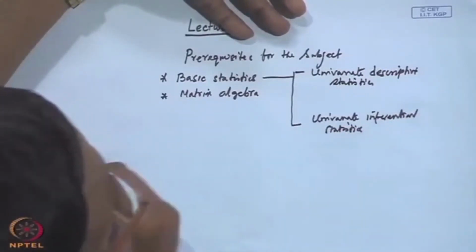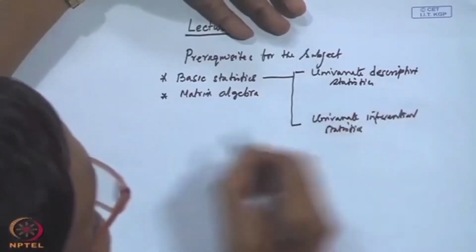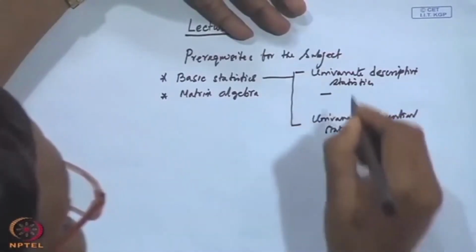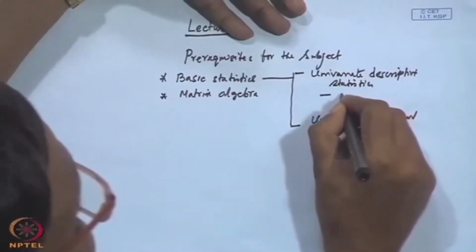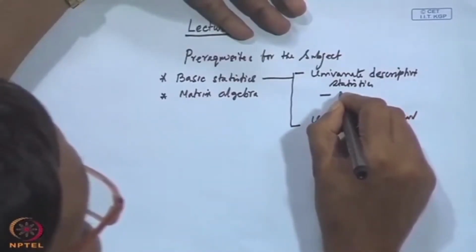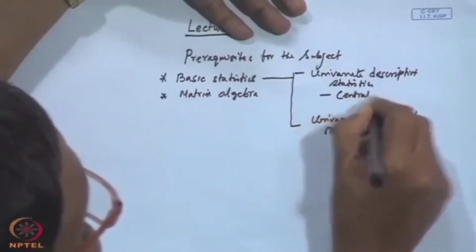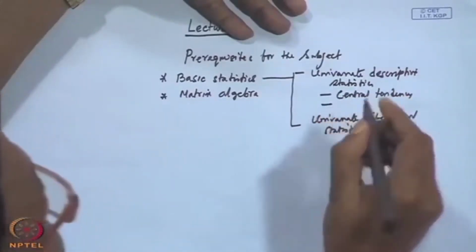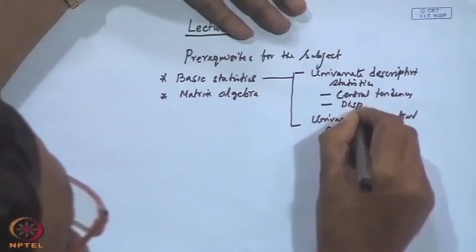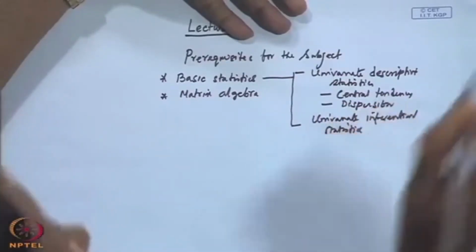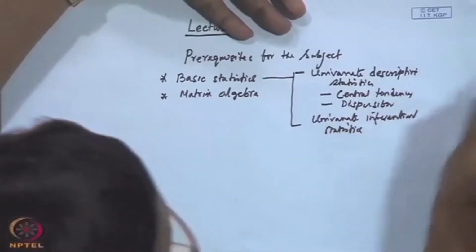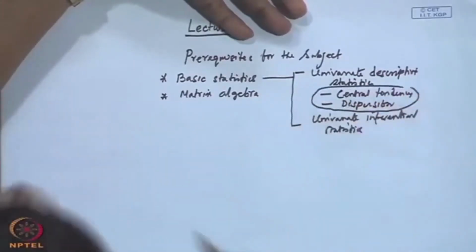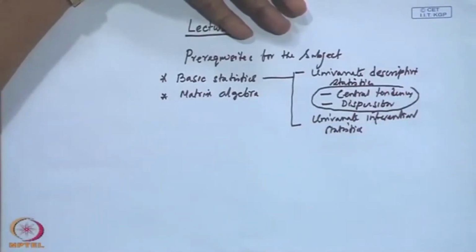So, again under univariate descriptive statistics, usually the central tendency and dispersion measure, these two issues are described under descriptive statistics.